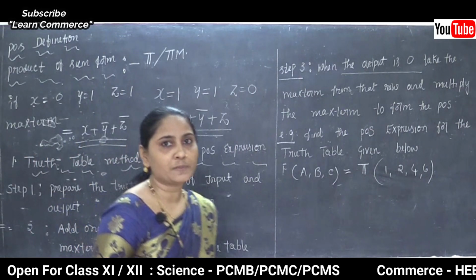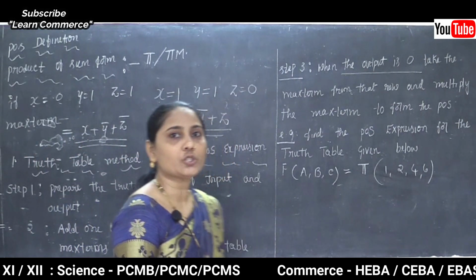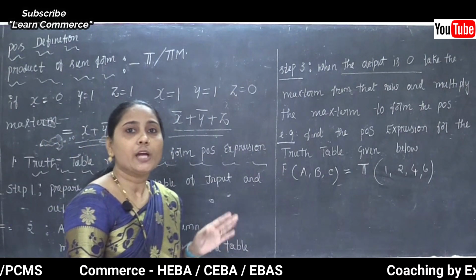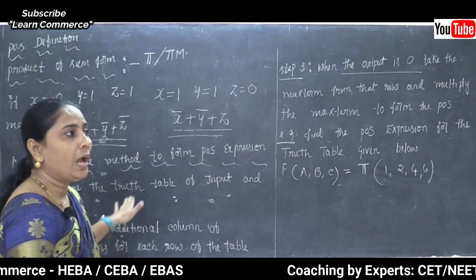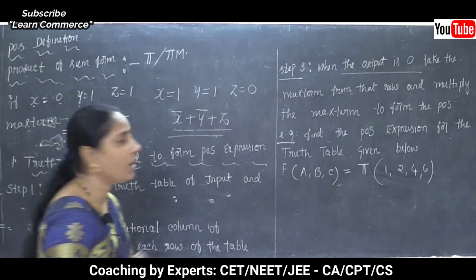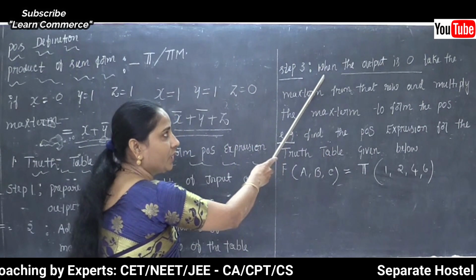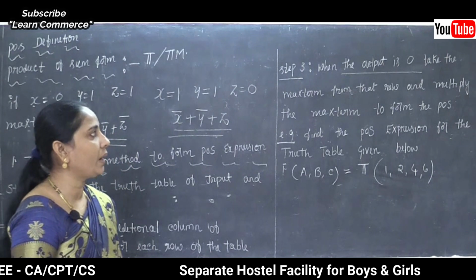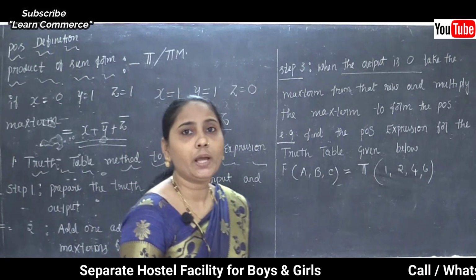So all those steps we need to follow while solving our POS expression. First of all we prepare the truth table of input and output, we also use an additional column for the max terms, and finally when the output is equal to 0, take the max term from that row and multiply the max terms to form the POS.